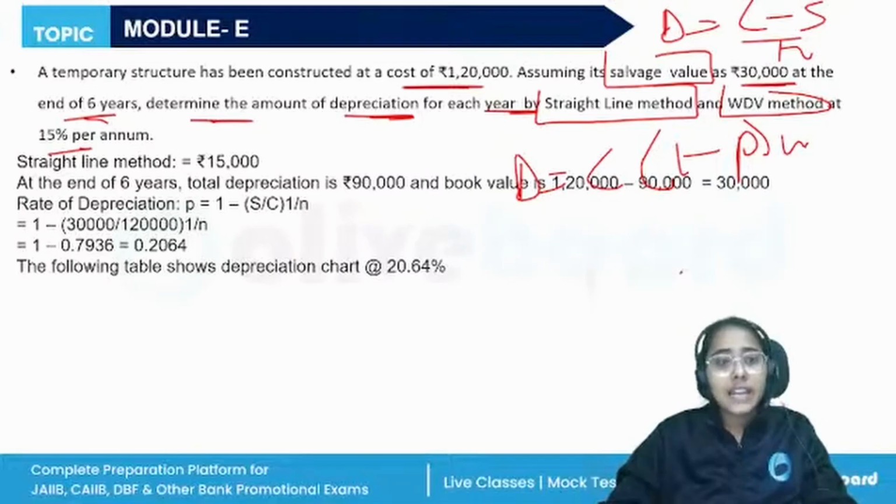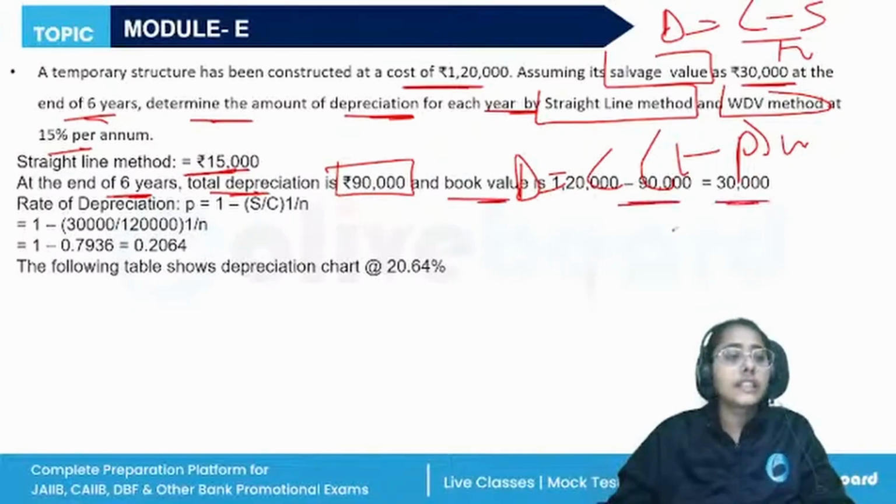Using the straight line method, we have 15,000 per year, but at the end of 6 years, the total depreciation is 90,000, multiplied by 6. And the book value is 1,20,000 minus 90,000, so 30,000. Then for the rate of depreciation, this formula will be used.